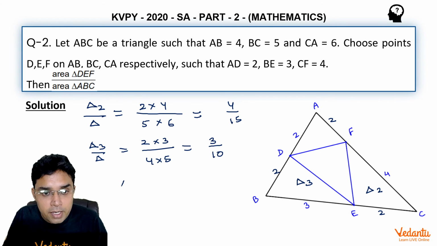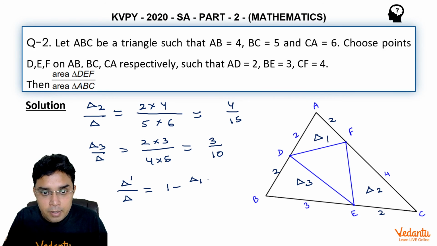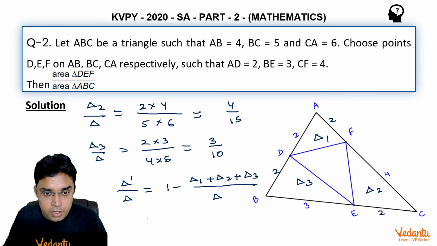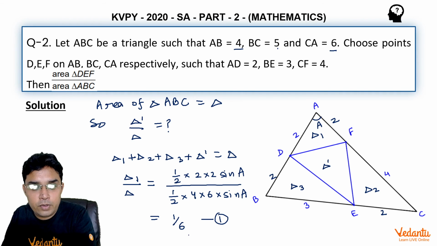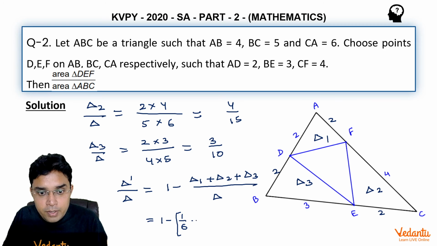Now we need to find delta dash upon delta. So I think we can write this as 1 minus delta 1 plus delta 2 plus delta 3 upon delta. So here it will be 1 minus, let me put a bracket here, 1 upon 6, since delta 1 upon delta is 1 upon 6, plus 4 upon 15 plus 3 upon 10.